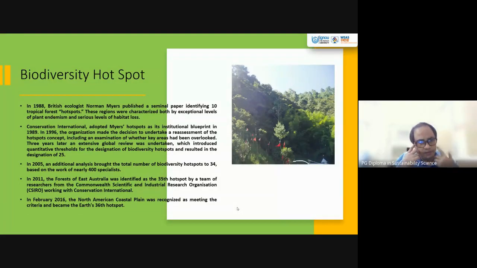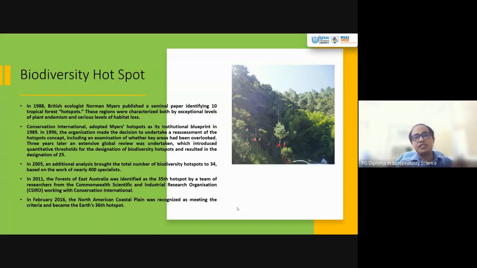3-4 hotspots. If you look into how this concept of biodiversity hotspot evolved, it started in 1988. British ecologist Norman Myers published a seminal paper identifying 10 tropical forest hotspots, and he characterized these 10 hotspots by exceptional levels of plant endemism on one side, and on the other side, serious levels of habitat loss, right?